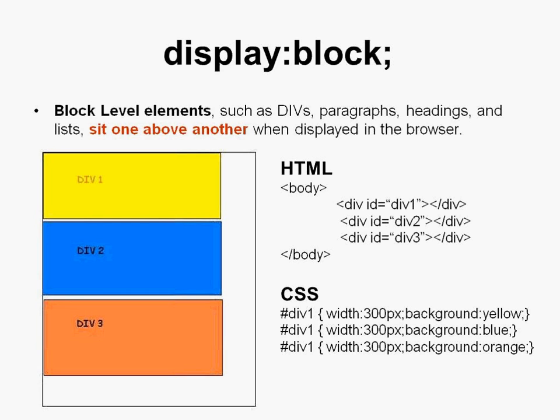So in case the width is lesser, will div 2 come next to div 1? No, by default no. By default, each block element takes the full width available, unless you specify a width.